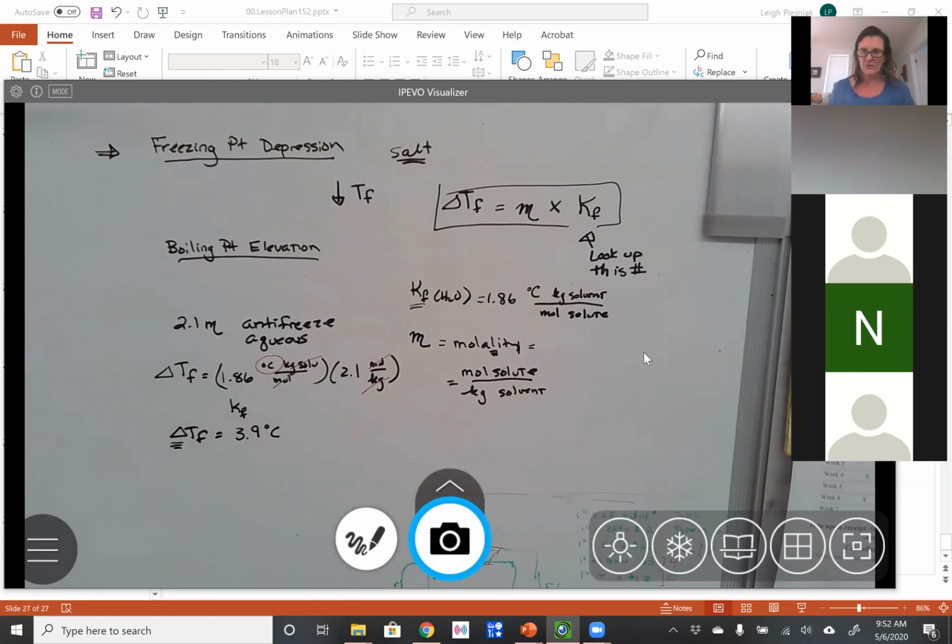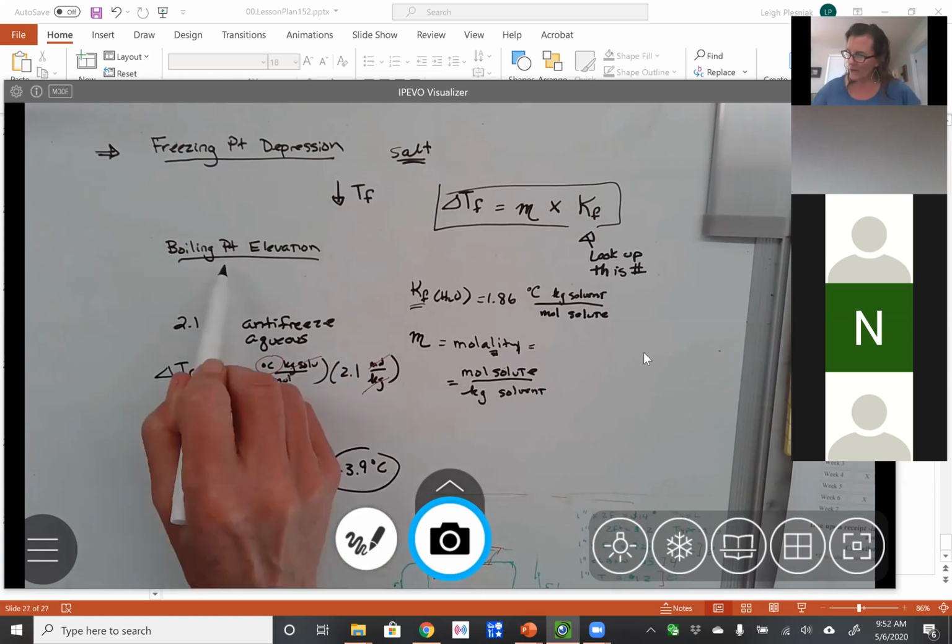What's the normal freezing temperature of water? 0. Yes. So the new freezing temperature is going to be 0 degrees Celsius, and this is a depression. This is how much it lowers the freezing temperature, minus 3.9 degrees C. So the new freezing temperature is minus 3.9. So you have to subtract.